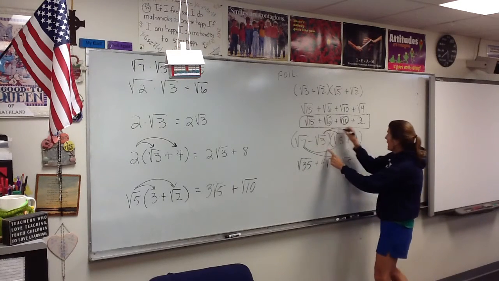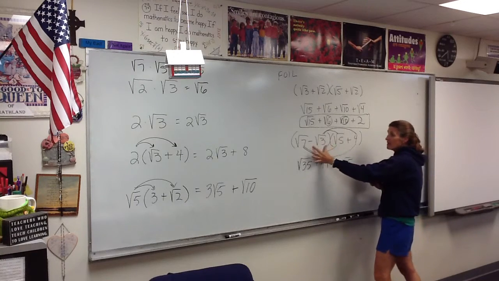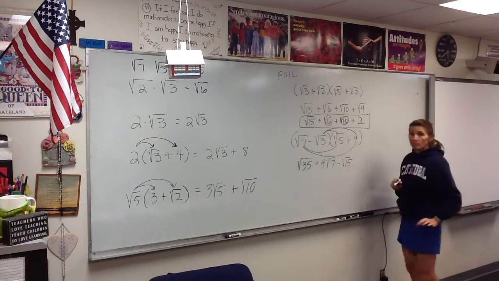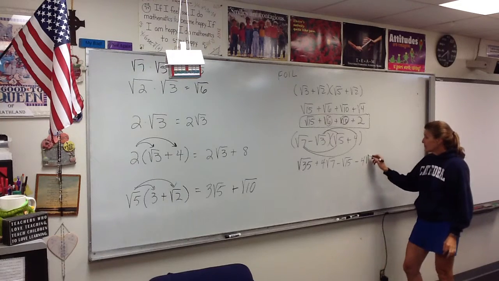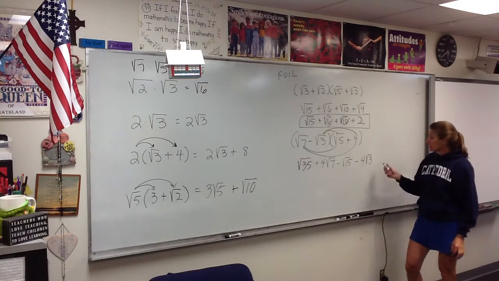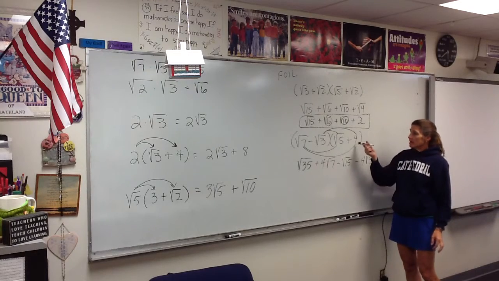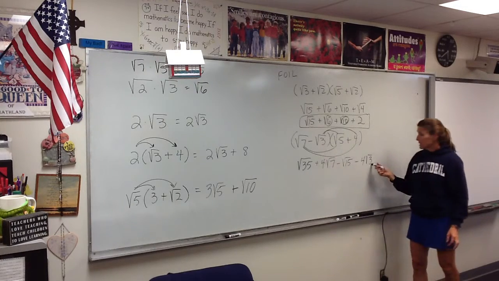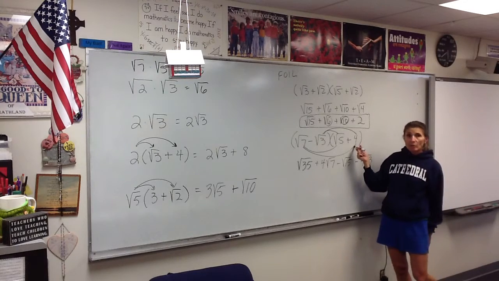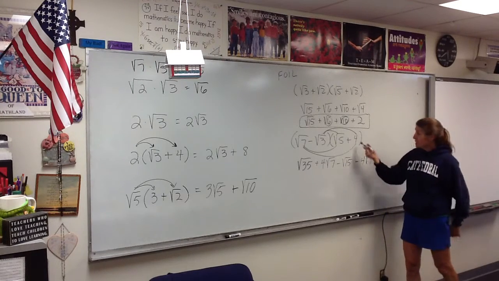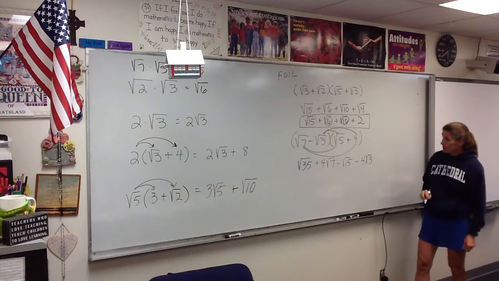And then finally, last times last. So I have a negative radical 3 times a 4. That would give me a negative 4 radical 3. Again, 4 times radical 3, I can't make that 12. The 4 is not under a radical, so it just stays 4 radical 3.